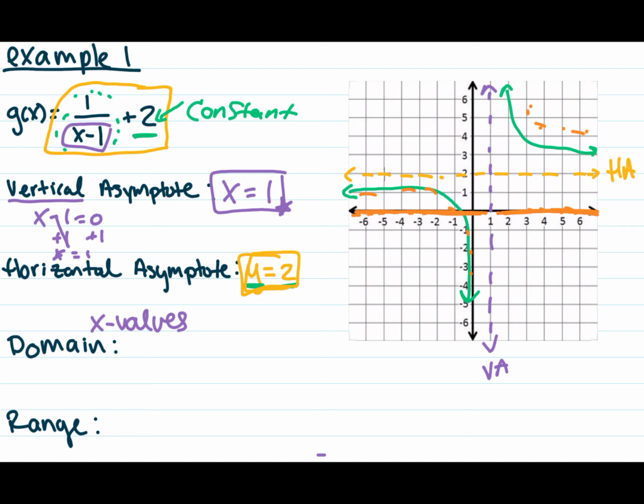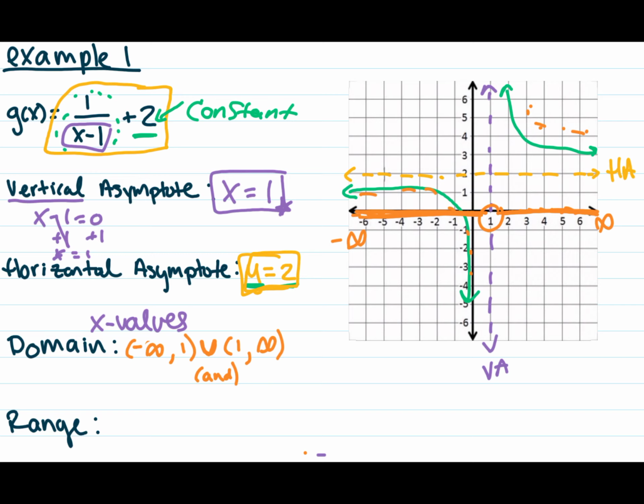The only place I don't have an ordered pair for is the x value 1. So your domain is going to go from, remember negative infinity is over here, positive infinity is over here, we're going to go from negative infinity up to positive 1, so that's this section right here. And then U, which means union or and, so that's why you see that there, 1 to infinity.